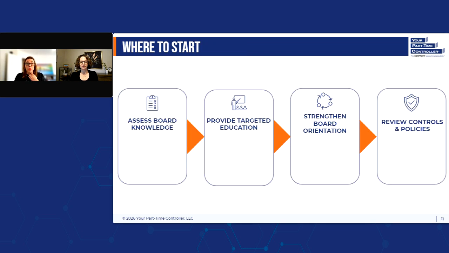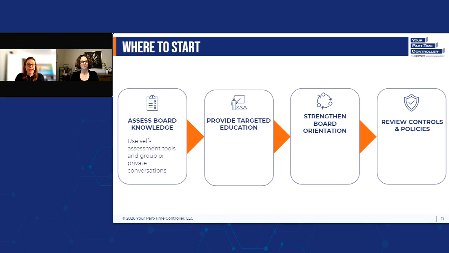So let's talk about where we can even start. In our slide here, we're providing an example of a framework that you might consider using. We actually recommend starting by assessing your board's current financial knowledge. And so you might be asking, how can I do that? You will need to actually get your board members involved, right?